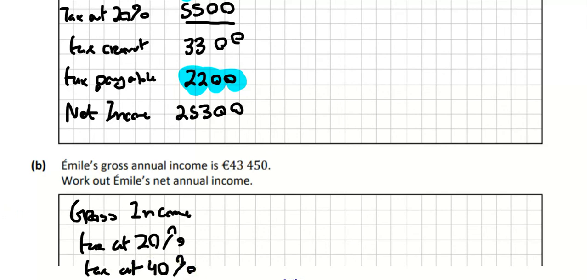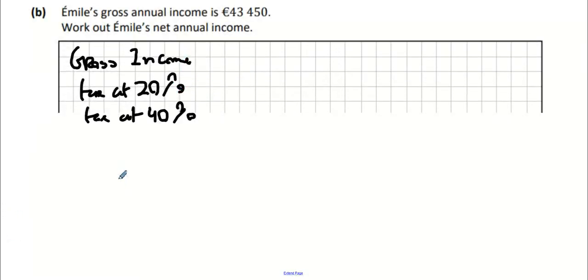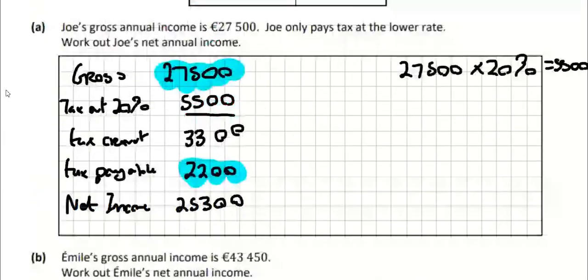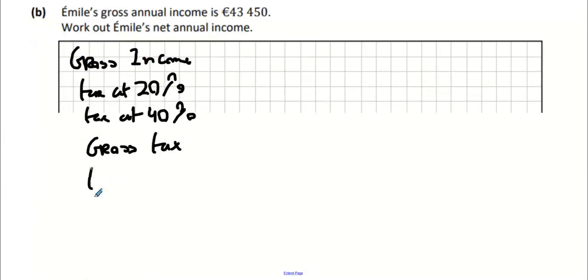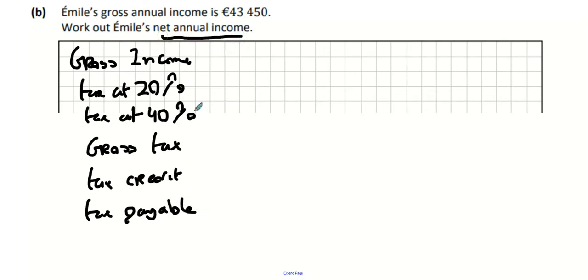We're going to use gross tax, which is both of them added together. We're going to use tax credit. Then we're going to have tax payable. And then finally, the whole point of this question is to get the net income.